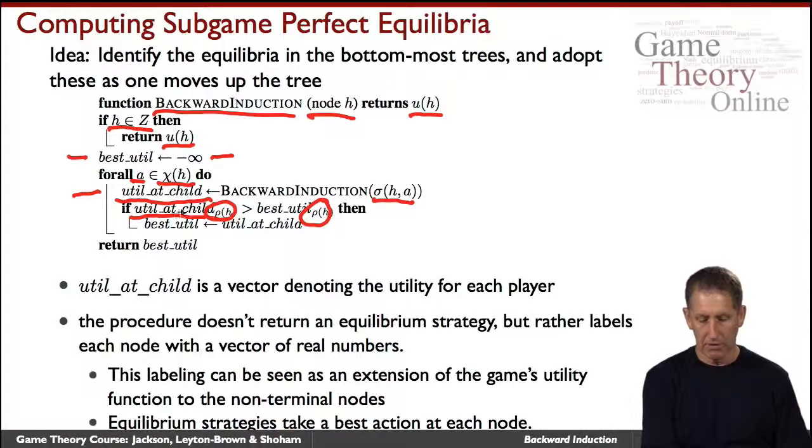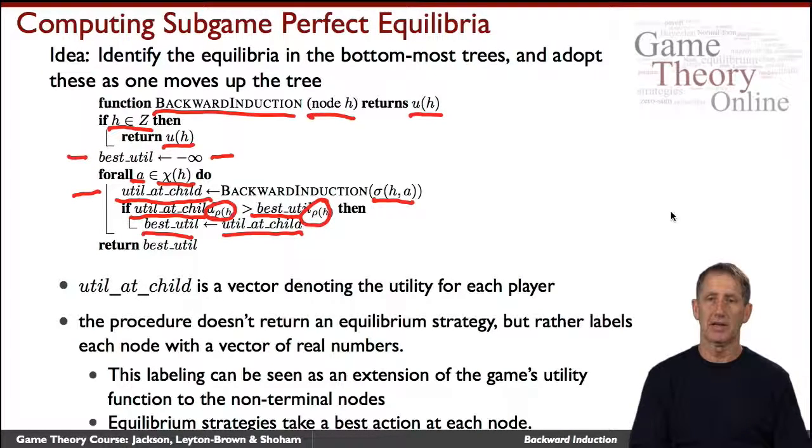If the util_at_child is better for that agent than the best_util we found so far, then simply update it. Update best_util to be this util_at_child. Otherwise, leave it unchanged.